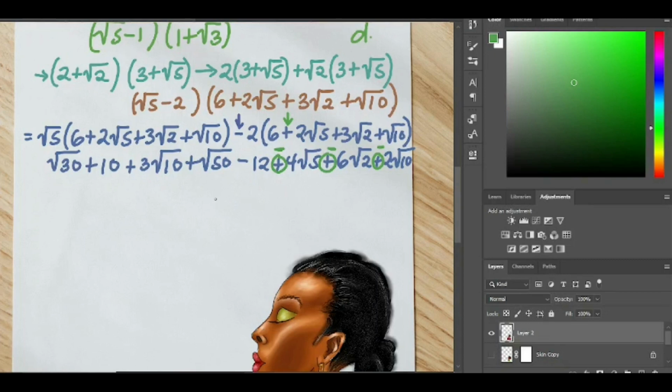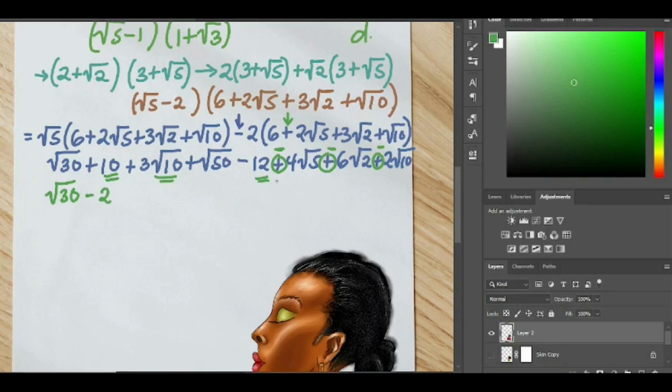So root 30 is the same as 3 times 10, is the same as 6 times 5, it can't be written in a simpler form, so it remains that way. So we'll have here root 30, and then plus 10 is a whole number, and also 12 is a whole number. So we take 10 minus 12, and that is going to give us negative 2. 3 root 10 is here.